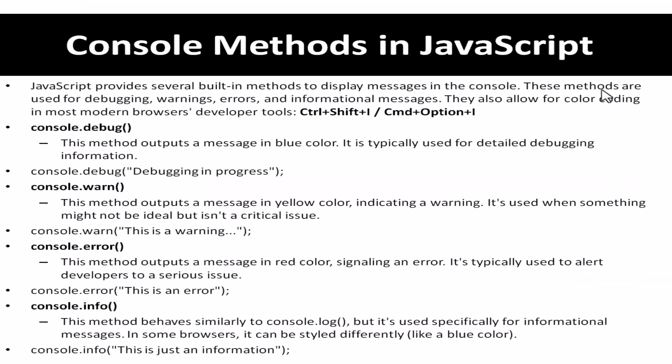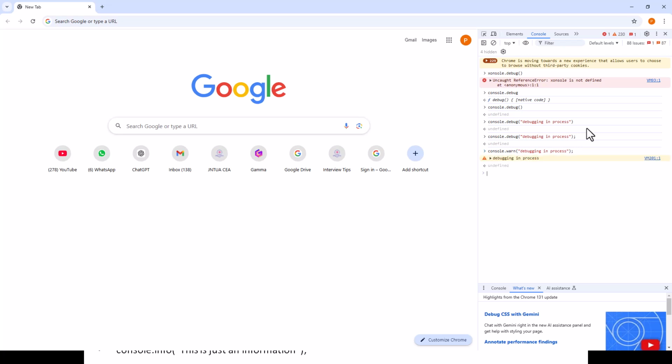So if you type console.debug, debugging in process, it shows the debugging in process message. It is shown in a yellow color.